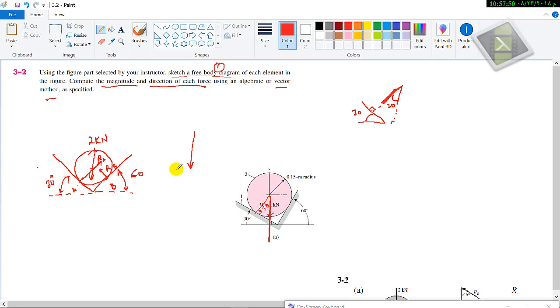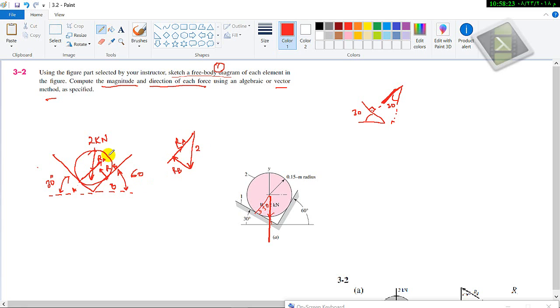This is the gravitational weight force, representing the weight of the cylinder, 2 kilonewton, and if this one is represented here, it will become like this, and this one, RB, will become like this. So this is RB, this is RA, and this is 2 kilonewton.